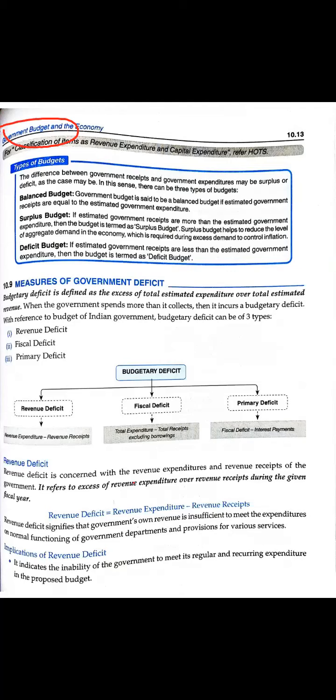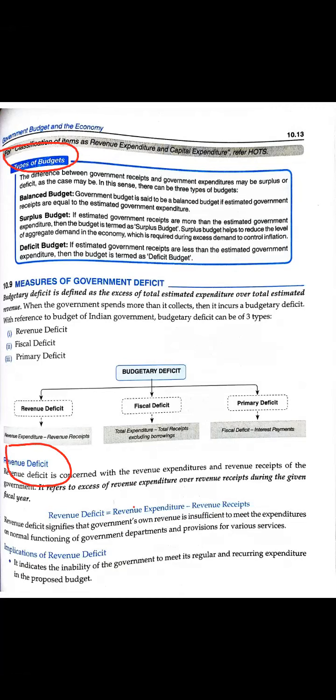Revenue deficit is concerned with revenue expenditure and revenue receipts of the government. It refers to the excess of revenue expenditure over revenue receipts during the given fiscal year. Okay, we have discussed revenue receipts and revenue expenditure in the previous topic. Do you all remember those points?